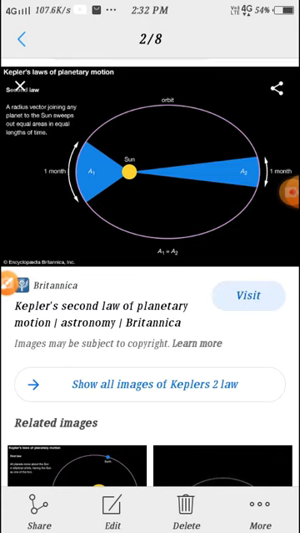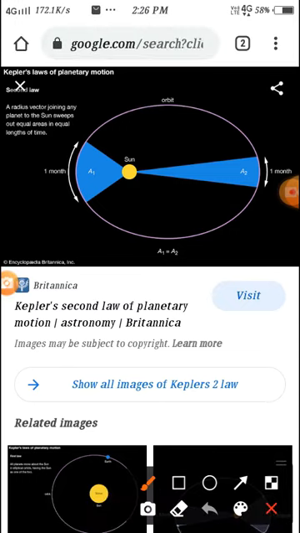The areal velocity of the planet is constant. So when a planet revolves around the sun, the radius vector joining the planet sweeps equal areas in equal intervals of time.